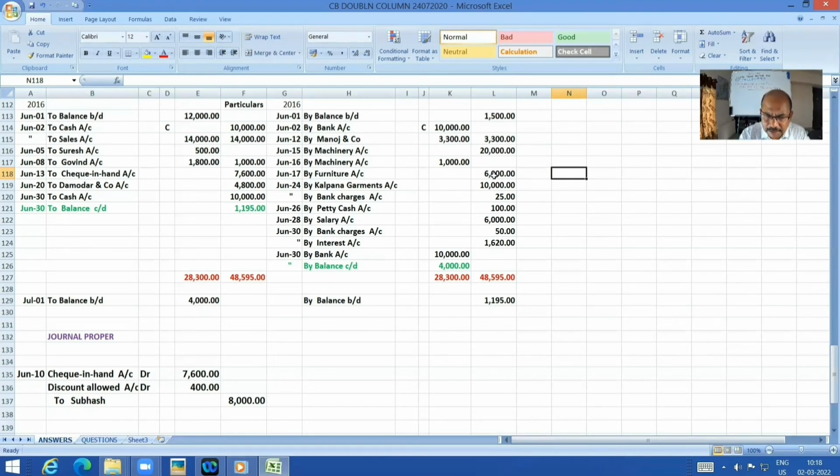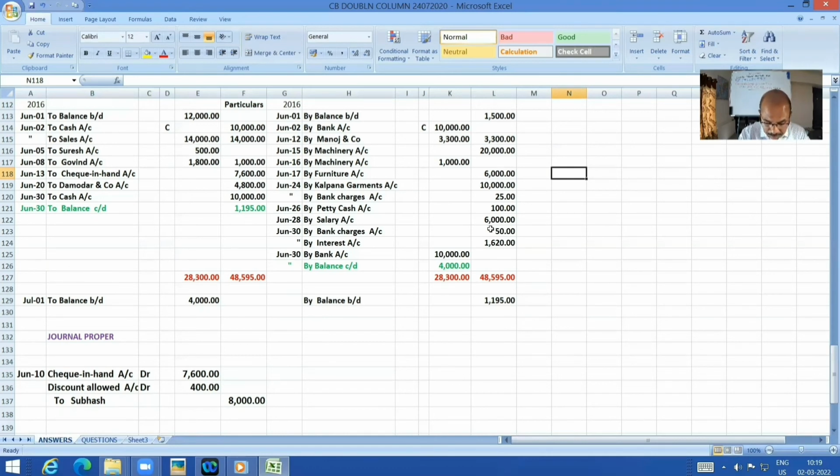Practically, I purchased the furniture, paying a check for 6,000, and this is the only entry possible, right? Purchase goods from Kalpana Garments for 10,500 on credit. On credit, it will be booked in the purchase day book, and of course not in the journal proper. Anyway, it doesn't have a place in the cash book as of now, right?